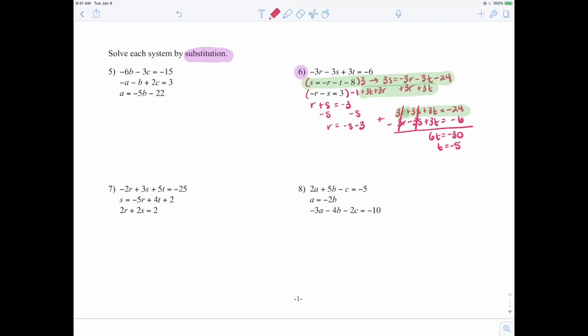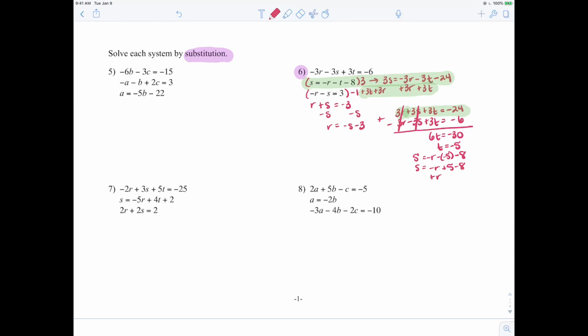So I can use that to simplify this original middle equation and have it look something like this third equation that I've messed with. I might not even need the r that I isolated. Let's see. So when I substitute t into the second equation, s equals negative r minus negative 5 minus 8, I get s equals negative r plus 5 minus 8.